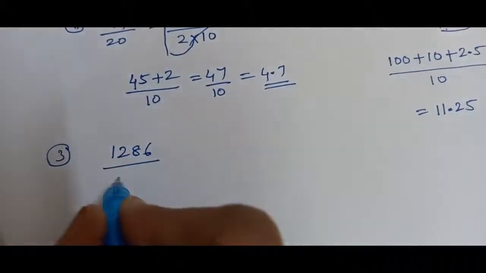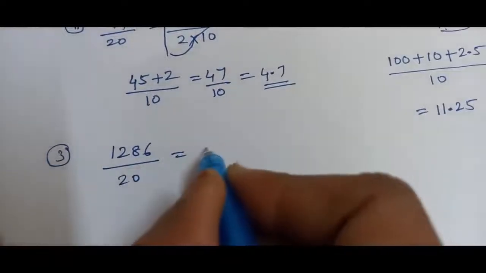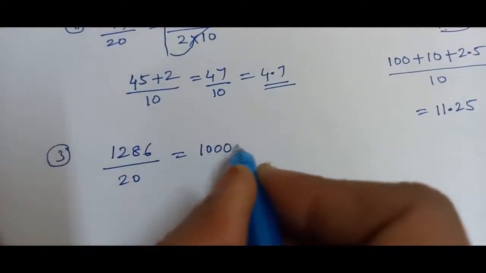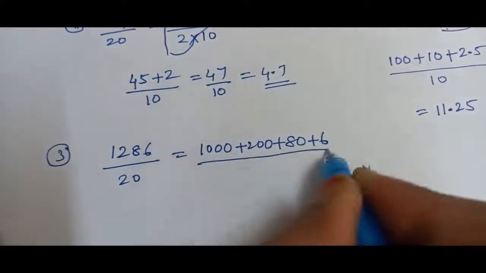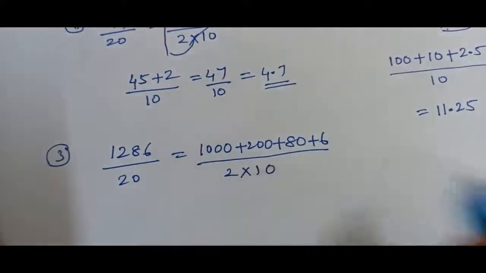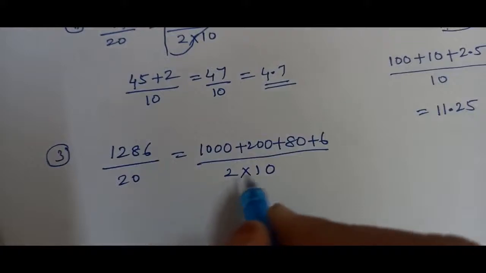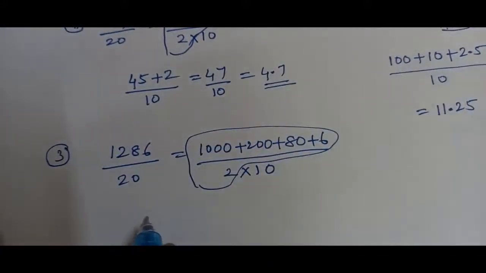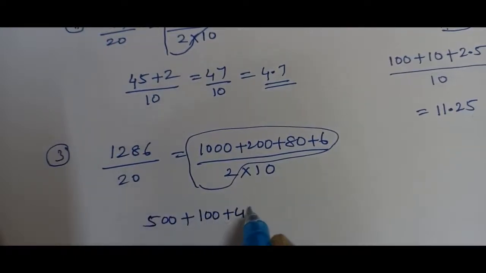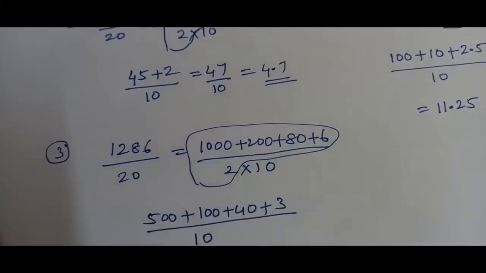1286 by 20. So write in expanded form 1000 plus 200 plus 80 plus 6, and write 20 as 2 into 10. So for this part we need to half the number. So 1000 becomes 500, 200 becomes 100, 80 becomes 40, 6 becomes 3 by 10.